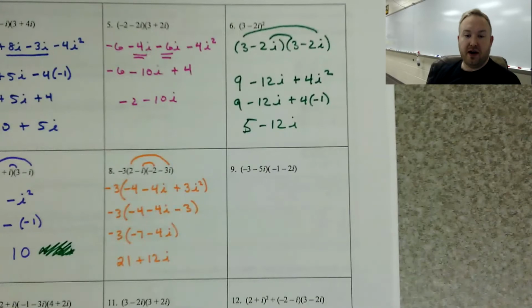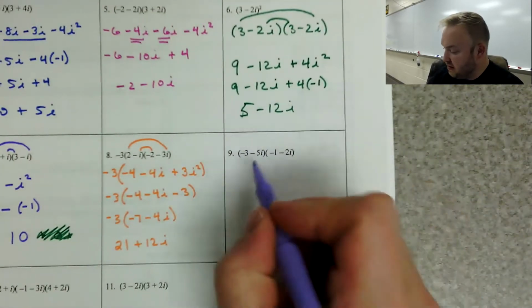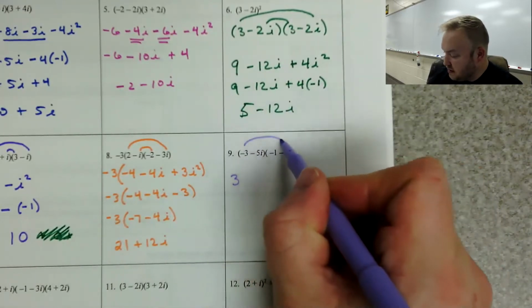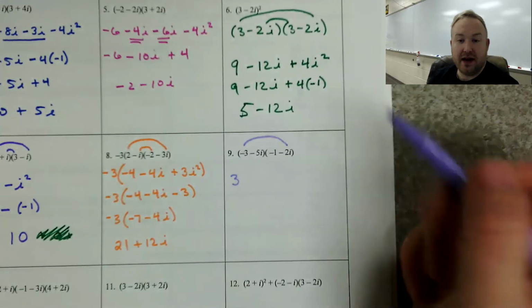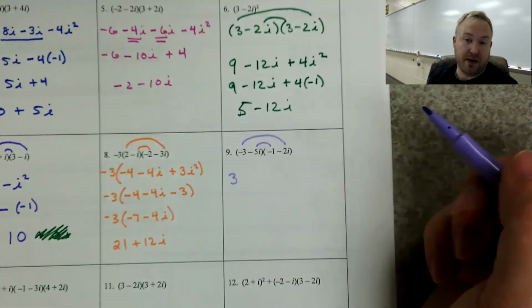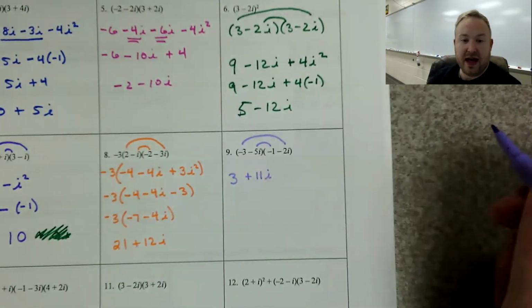Let's move on and do number 9 here. This is just straightforward FOIL here. -3 times -1 is +3. My outer product is +6i. My inner product is +5i. So +6 and +5 gives me positive 11i.